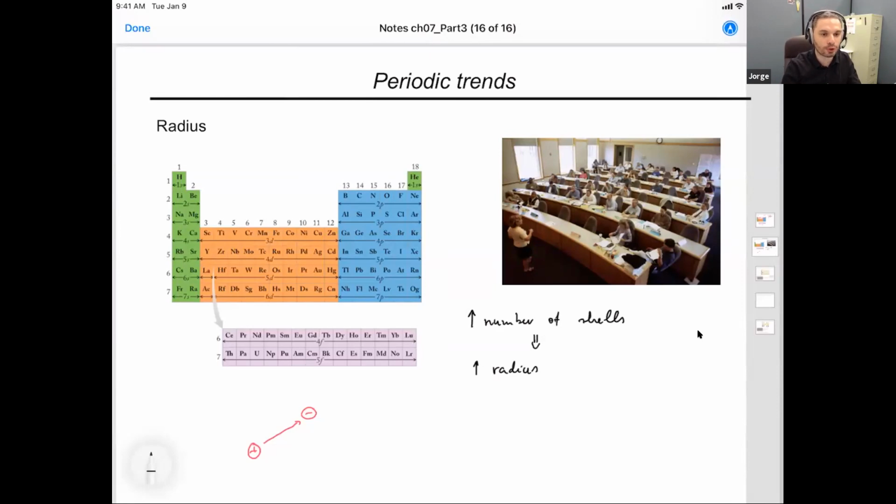From row number 2 to row number 3, another electron shell. Therefore, from top to bottom of a group, the radius will increase, because we are adding extra electron shells.